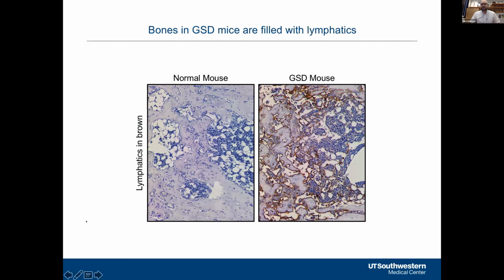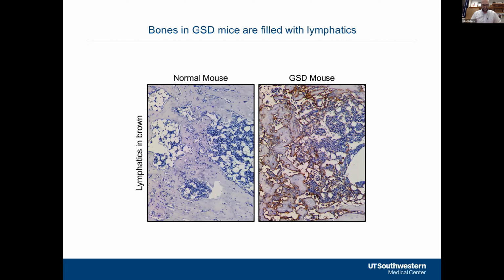So in my lab, we've created mouse models of Gorham-Stout disease and of generalized lymphatic anomaly. What I'm showing here are bones from a normal mouse and our mouse model of Gorham-Stout disease. And this is a bone which has been thinly sliced and then placed on a glass slide and then stained with different reagents.